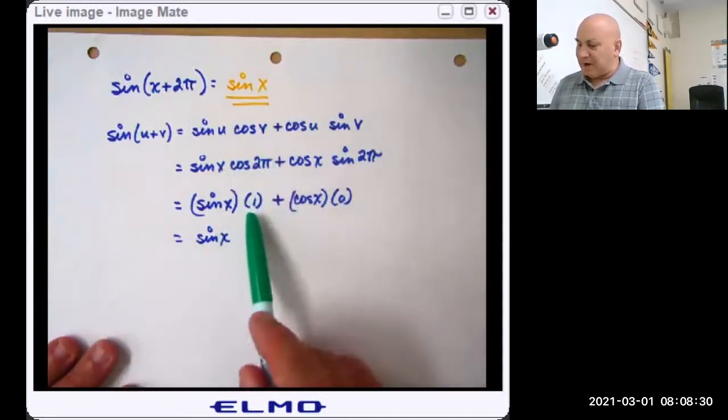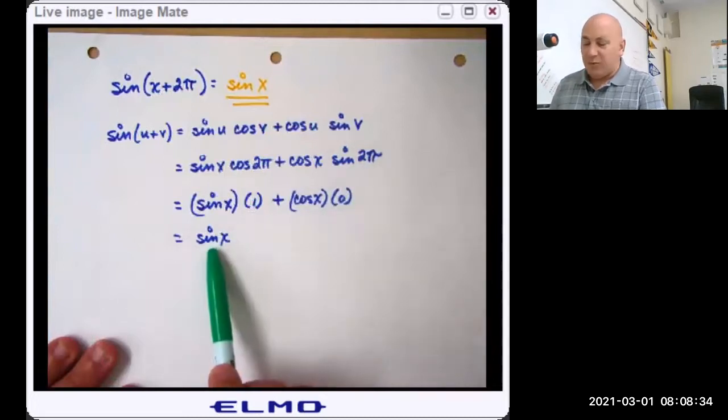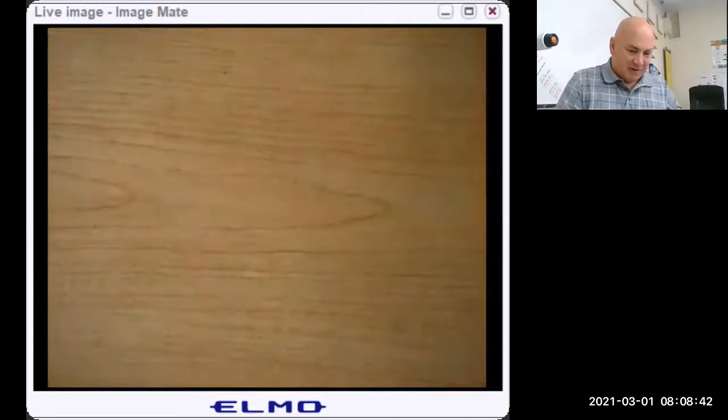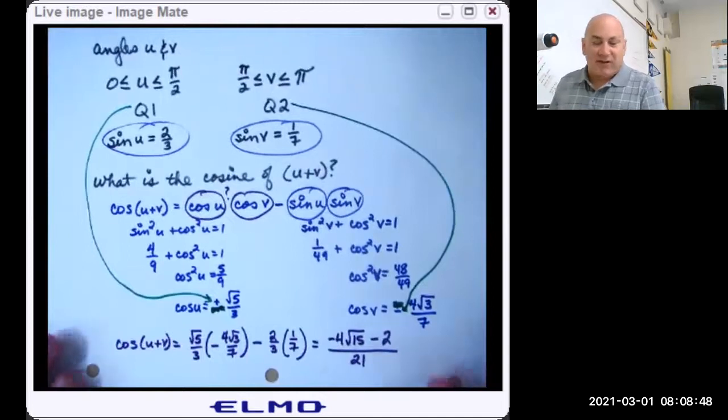Cosine of 2 pi is 1, sine of 2 pi is 0, and we do end up with sine x, which is just what we thought we should end up with. Now I'm just going to let you copy this. We'll go over this in class.